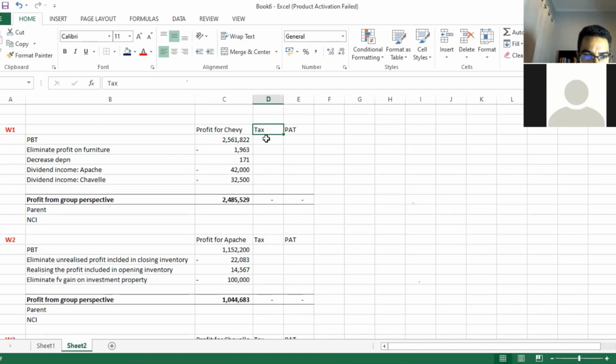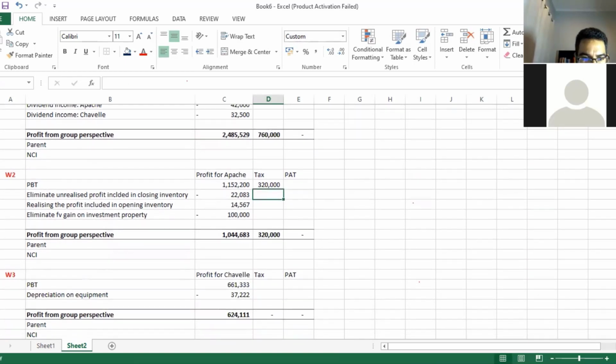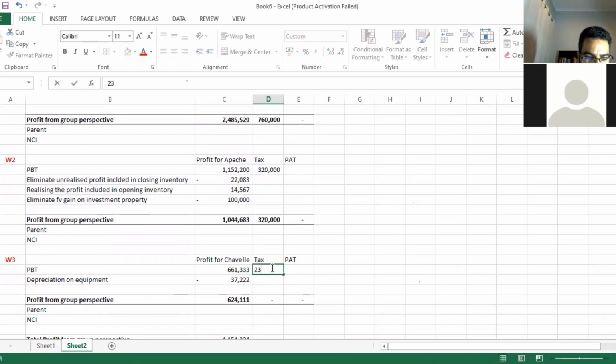So 760, 320, and 238. Equal to 38, 1, 2, 3. But don't forget, we only have 10 months, so 10 over 12.